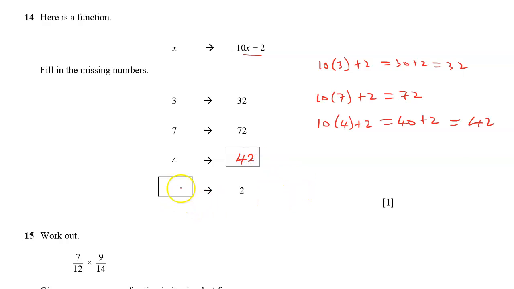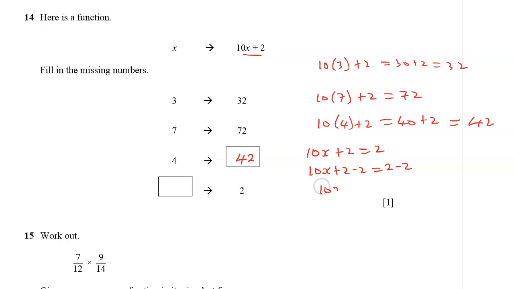Okay. So then what is this number here to give us 2? So we say 10x plus 2 is equal to 2. We take away 2 both sides. So 10x plus 2, take away 2, is equal to 2, take away 2. Doesn't change the number.